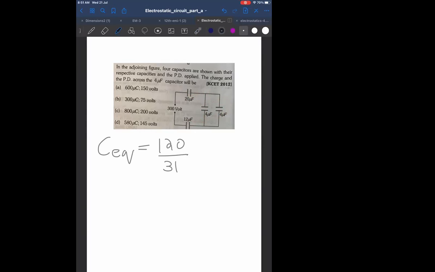Check all. Are you getting equivalent capacitance? That is 120 by 31. Yes, sir.